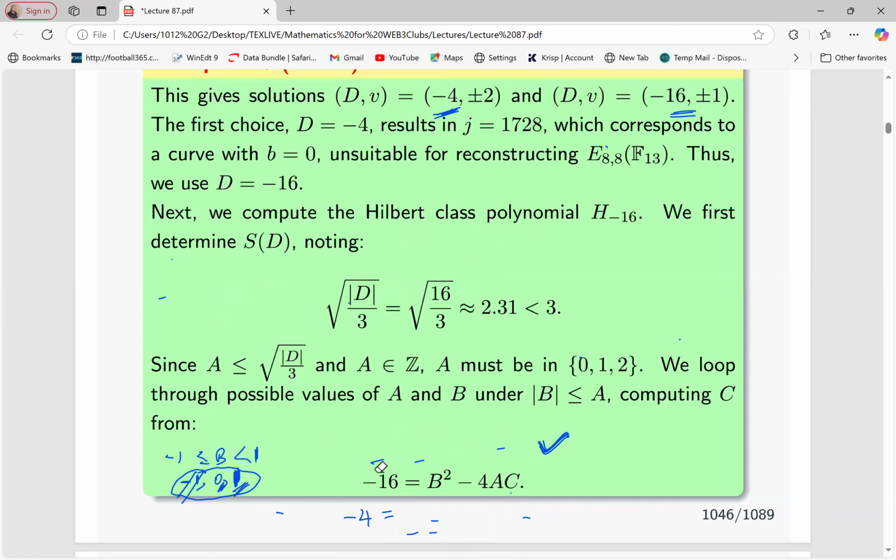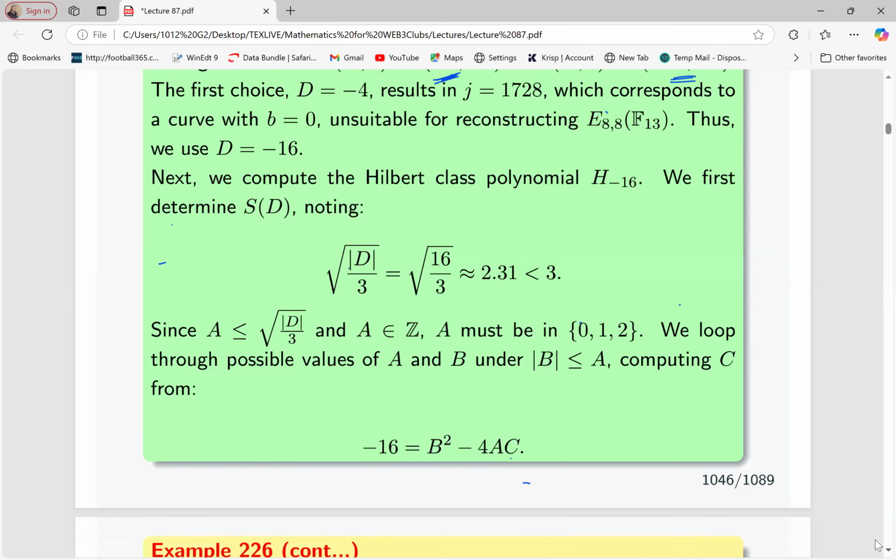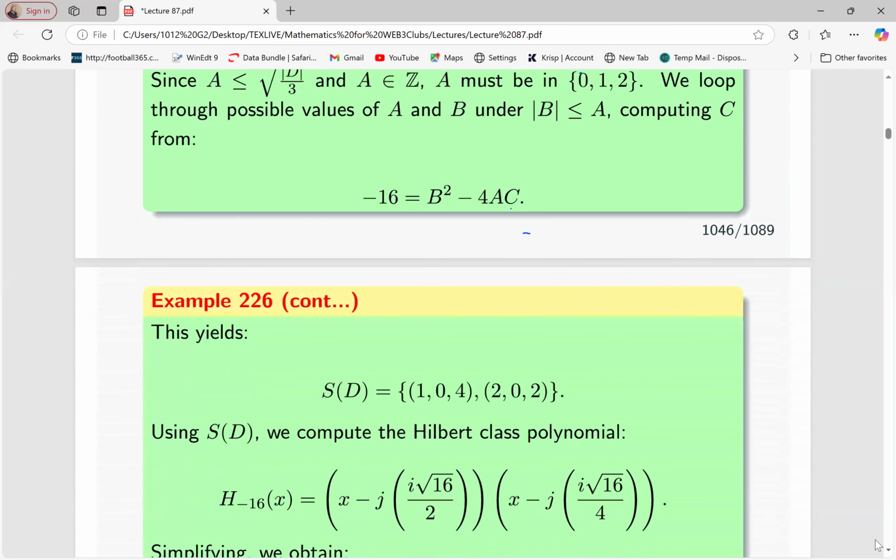That means we can get the Hilbert space polynomial, but before that, we have to get the J invariant. Every set will have its own J invariant. That's what I mean.